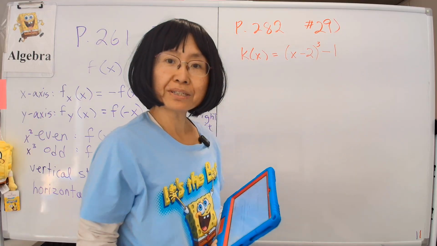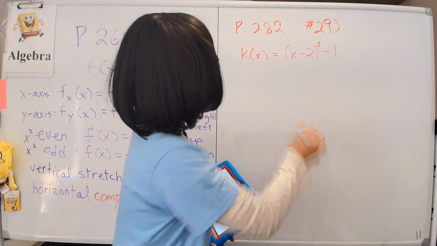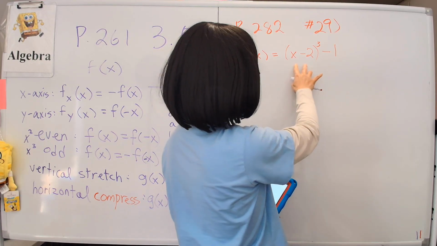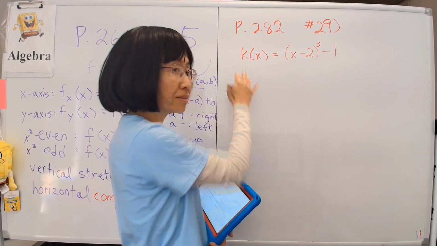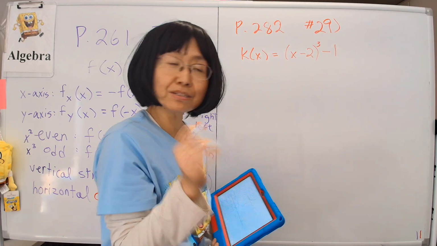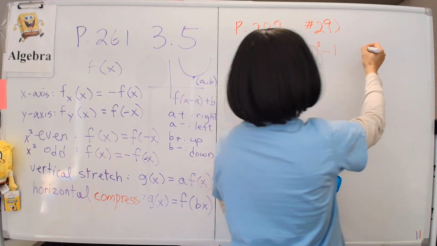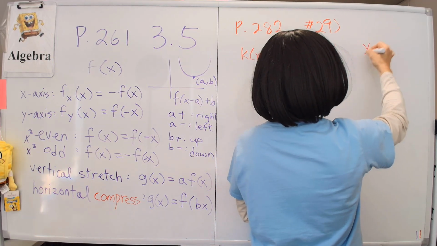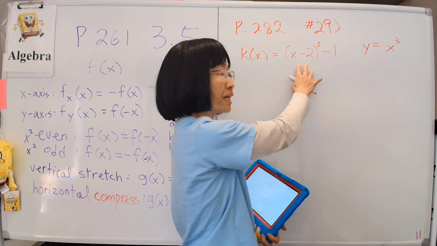So problem 29, now that you're done with your homework, let's look at it. K of x equals x minus 2 to the 3rd power minus 1. The fact that there's a k here instead of an f makes no difference whatsoever. So we start with the function y equals x cubed, because that's basically what's happening here.